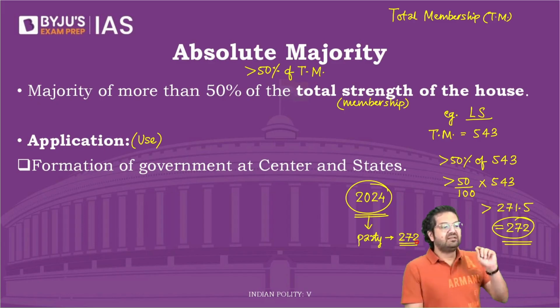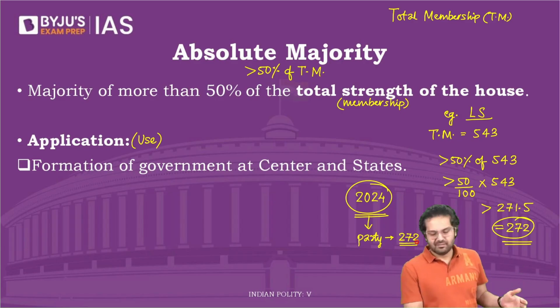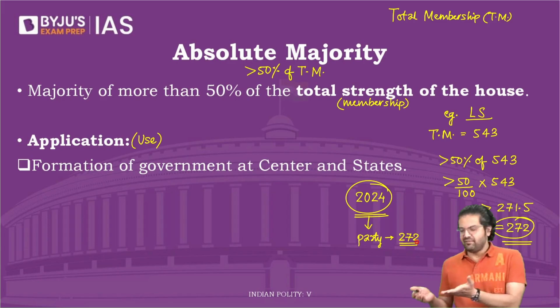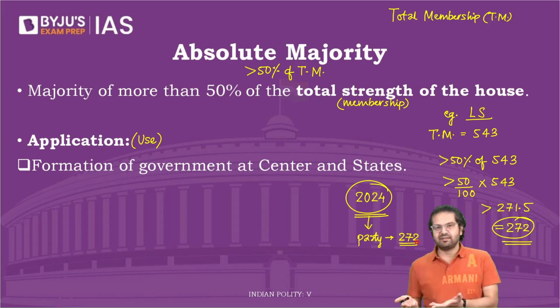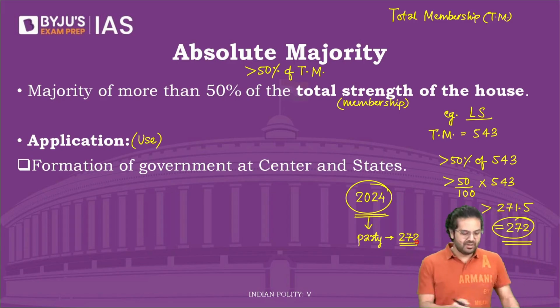Which article is that? Which article? A lot of you are writing various unique kinds of reasons. Because Rajya Sabha strength is this, etc. Guys, if we have this kind of response to such basic things, it will cause a heartbreak only.